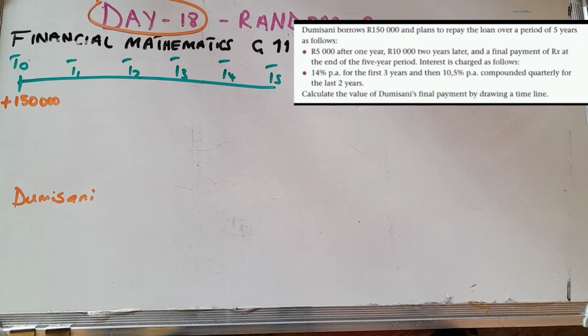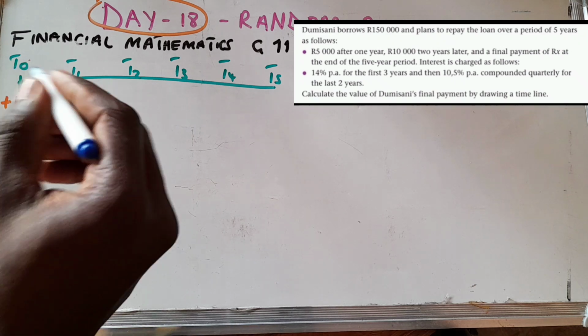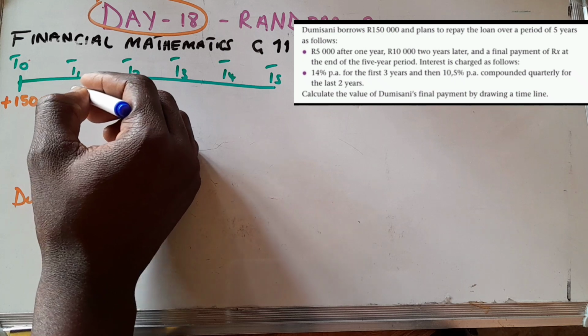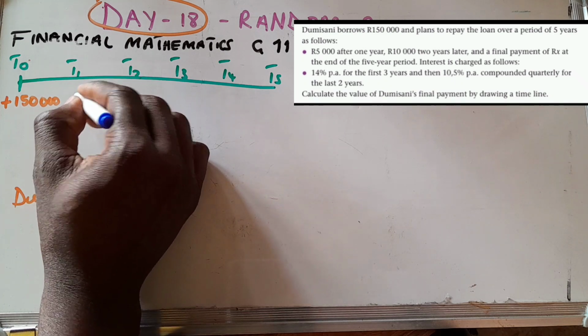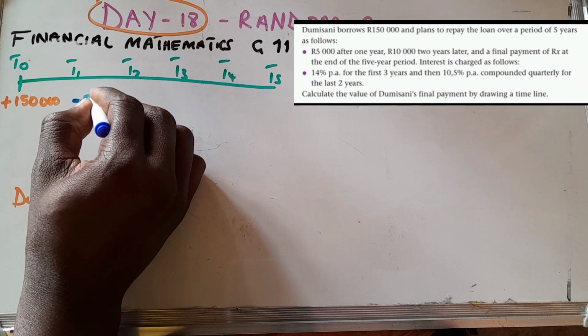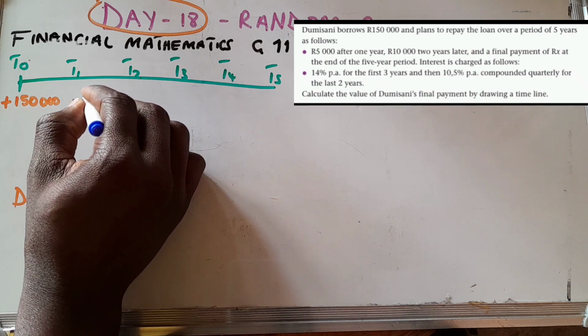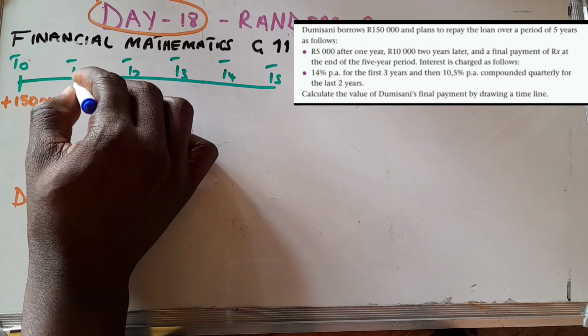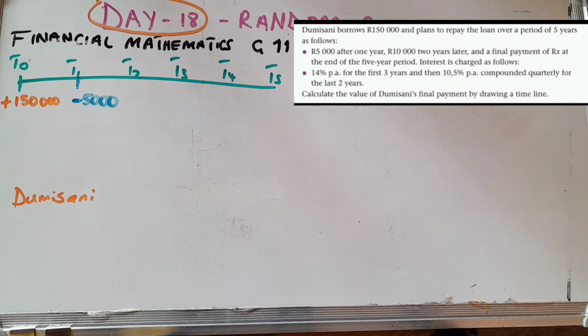But now look at the trick. After the first year he paid 5,000. So this money is not going to Dumisani, but rather it is going to the bank. So to Dumisani it's a subtract. So we subtract 5,000 from his amount. That's what he paid there. And as well, after 2 years from this, he paid 10,000.